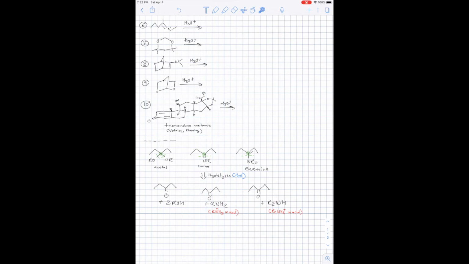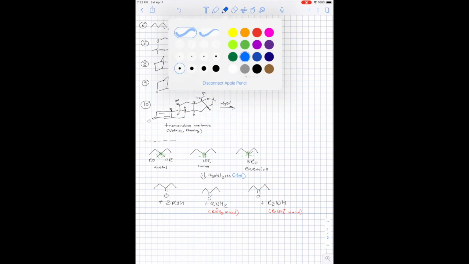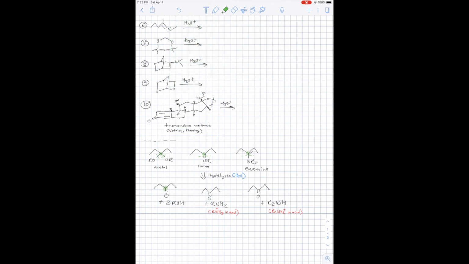So if you compare like the acetal to the carbonyl, the imine to the carbonyl, and the enamine to the carbonyl compound, we'll do that in green also. So there's the carbonyl, there's the carbonyl, there's the carbonyl, and then you can see in the corresponding substitution or addition compound, you've got that carbon.